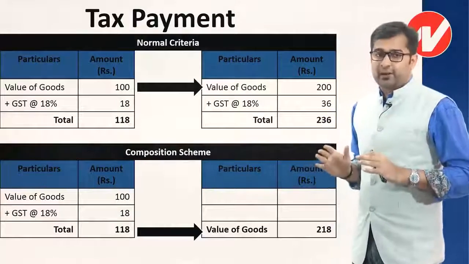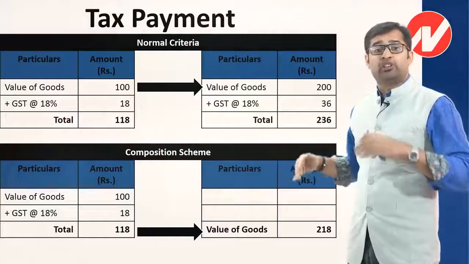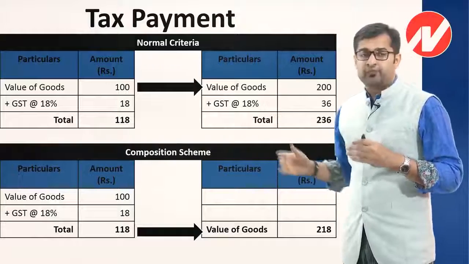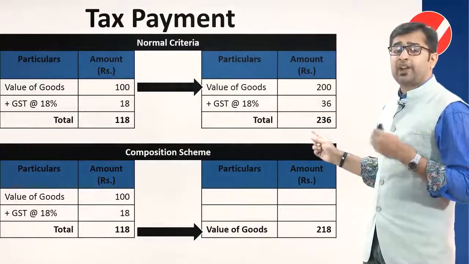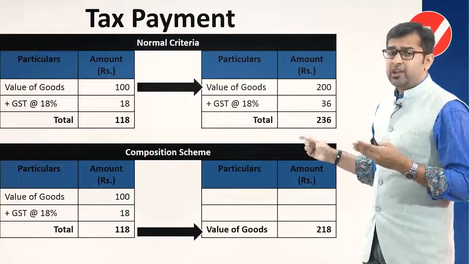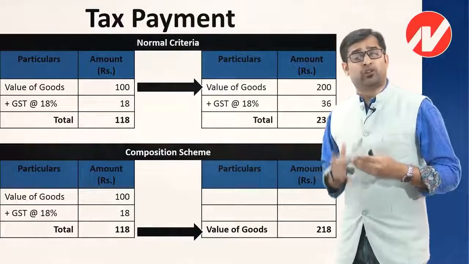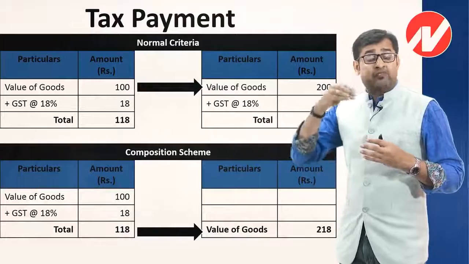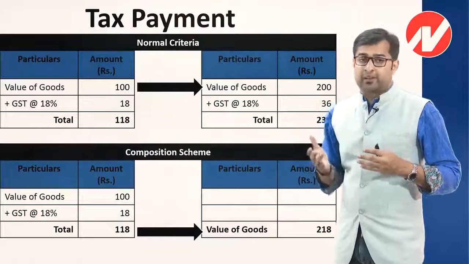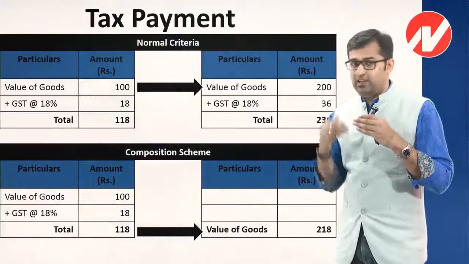Now, the important aspect is whether I should follow the normal scheme or the composition scheme, considering both these aspects. So practically speaking, if I am following the normal scheme, I am selling the product at 236. And if I am following the composition scheme, probably I will end up selling the product at 218. So the concern is, from the customer's perspective, he will always be willing to buy a product at the cheapest available price.